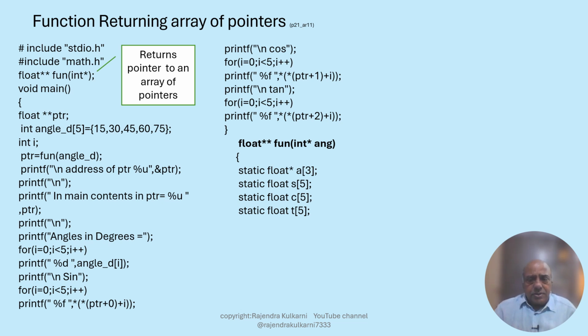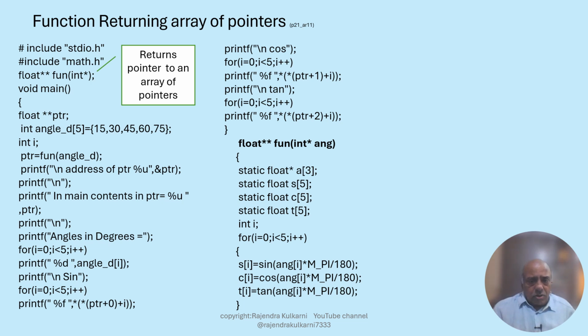Static variables have a life up to the end or termination of main. So even though this function returns the required value to the calling function, the static variables of that function will be alive and available.